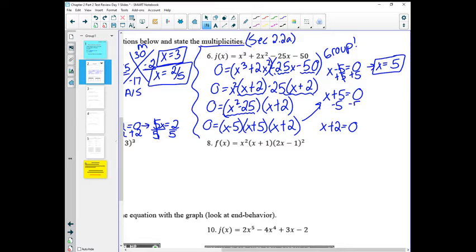This middle equation, I'm going to subtract 5 from both sides, so that x equals negative 5 is the other solution. And last one, subtract 2 from both sides, so x equals negative 2 is the last solution. So those are your 3 solutions to that polynomial. They each occurred only once, because that was the exponent on each factor. So I'm only going to write those once.